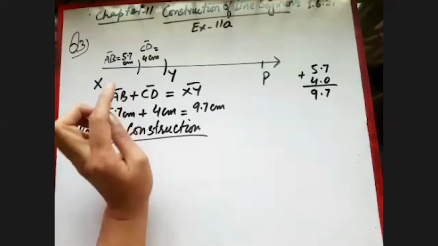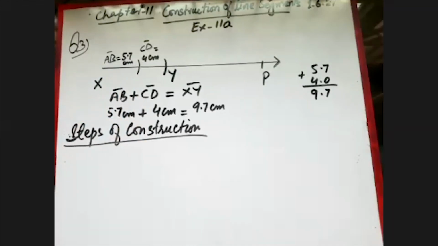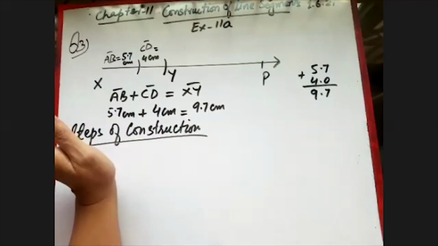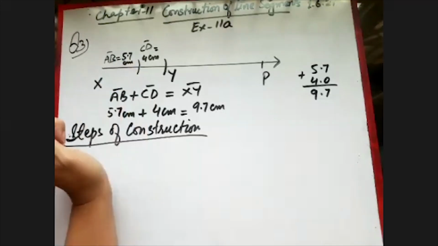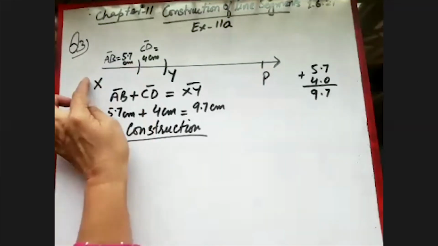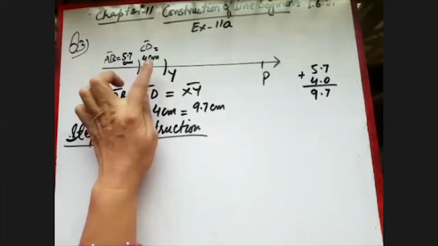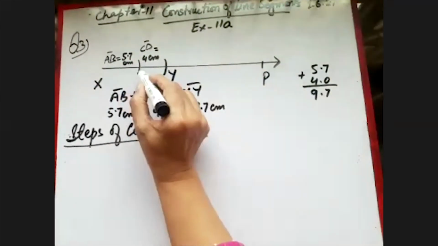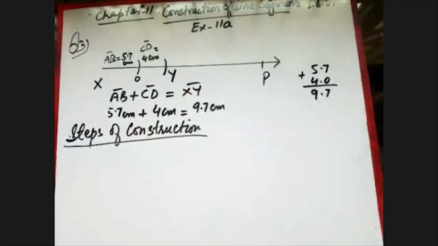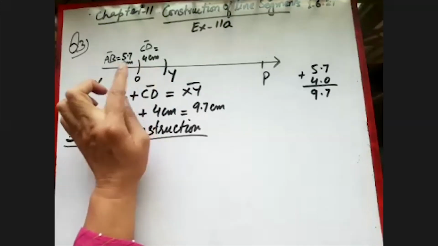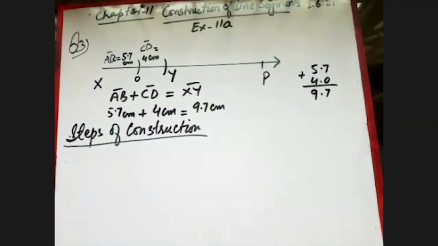Then I put the metal end in the book at C and open my compass at D. So I bring that length CD on the ray. So put the metal end at the B end of the line, which is starting from X. Then mark an arc at Y. Say this point is O. So XO is equal to the AB line, and then OY is equal to the length of CD line.